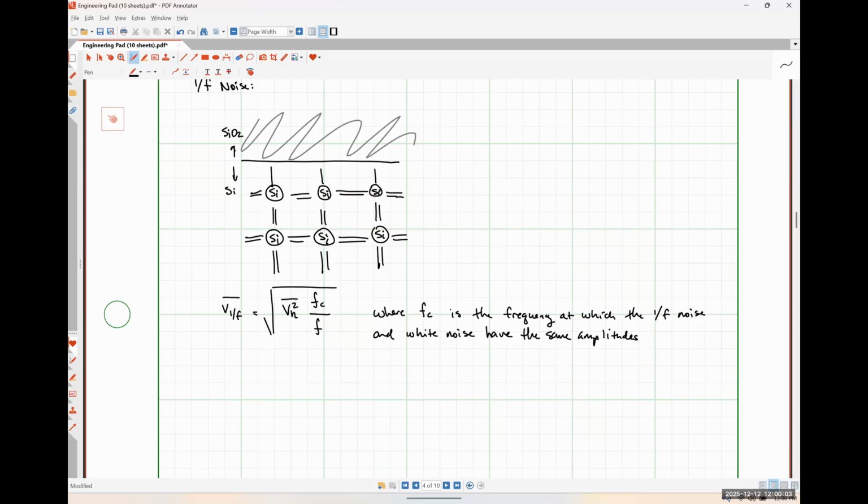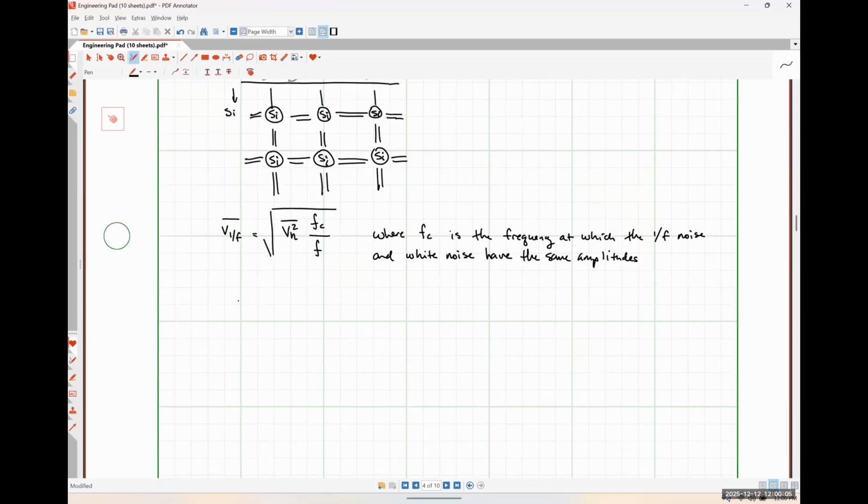So graphically, that would look something like this. Power spectral density on this axis, frequency on this axis, and I'm specifically going to say that this is in log scale so I can just use straight lines. Our white noise spectral density, like we talked about earlier, is constant across all frequencies.